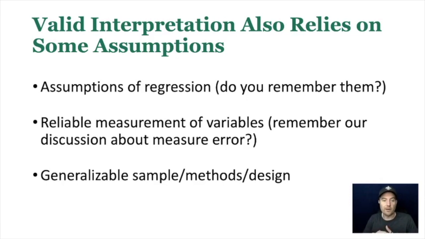So sometimes our effect size is really just telling us the difference or the relationship that we've seen in our specific sample. If we use really good methods and good measures, our assumptions are met, then we might be able to generalize and say this likely applies to the rest of this population.